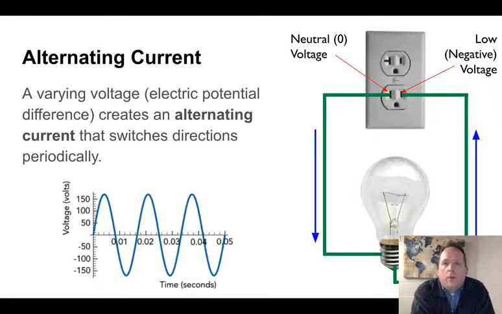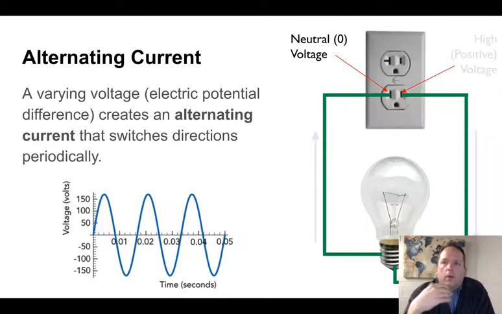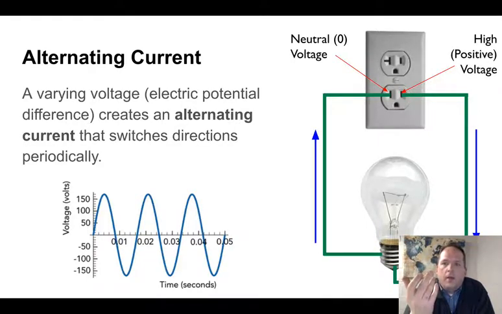And so now the neutral or zero voltage is actually at a higher voltage than the low side is, and this causes the electric current in the circuit to switch directions of flow. And so you go clockwise, now back counterclockwise, then a little while later it switches back to being high on the hot side, and the current is flowing clockwise, and this pattern repeats over and over again.